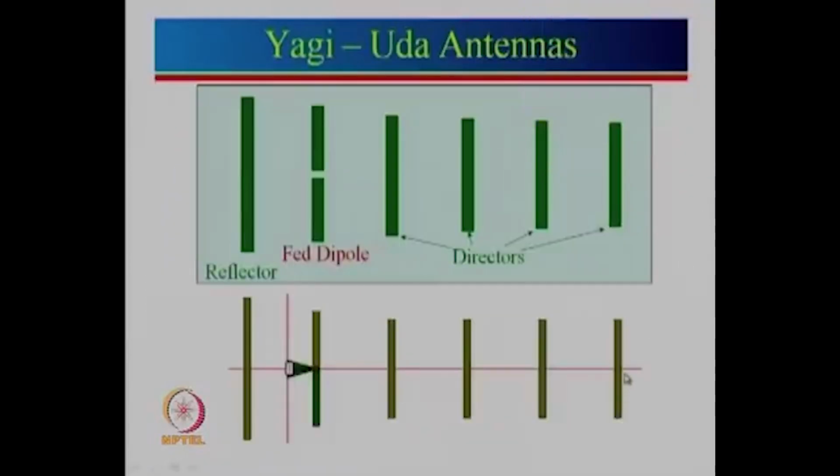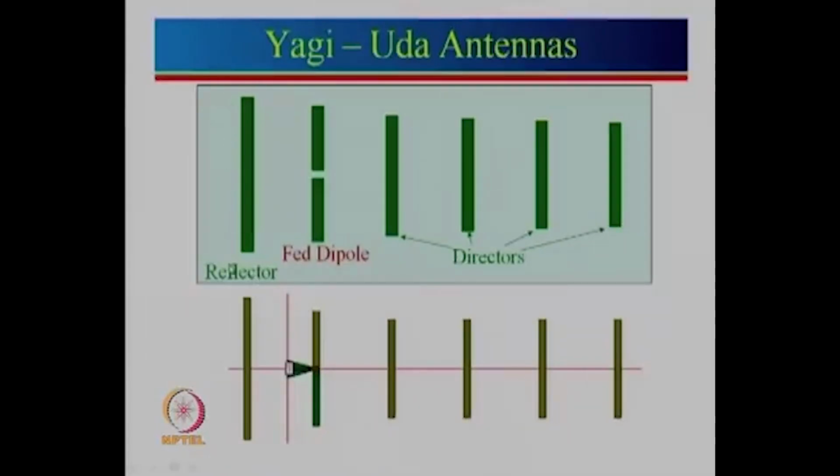After that we will discuss the Yagi-Uda antenna. As I mentioned earlier, these are the two Japanese inventors who invented this antenna. What is the concept here? We have a fed dipole, and you can see there is a small gap because there will be a balanced feed over here. So this will be plus and this will be minus current, and we have a reflector here.